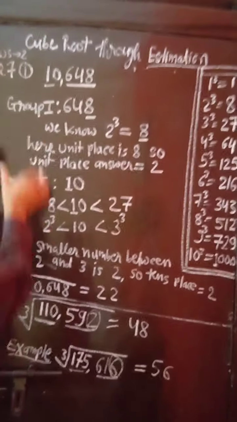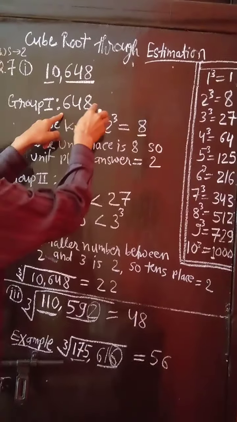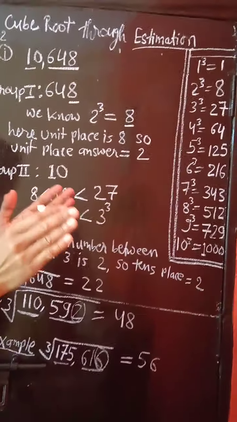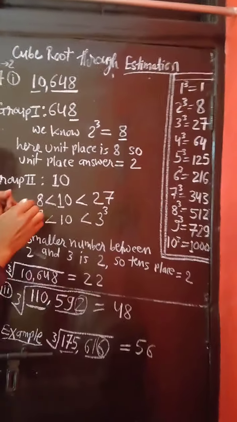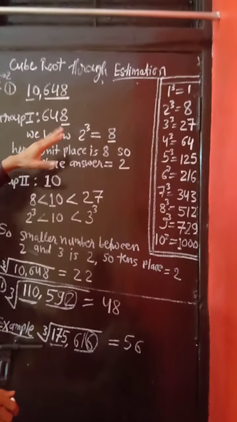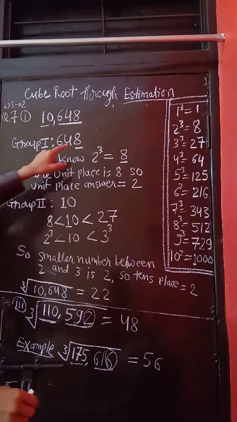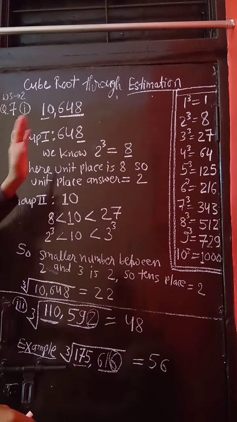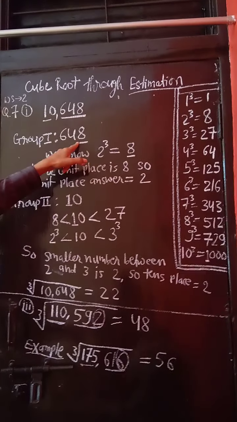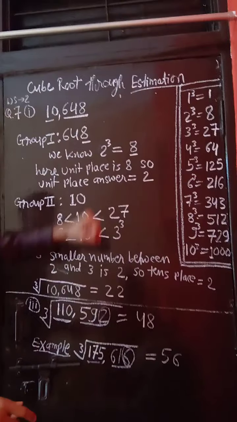Now you see, the first group is 648. From here we will decide our unit place. In the first group only the 8 matters, means only the unit place we will see. So how did this 8 come?